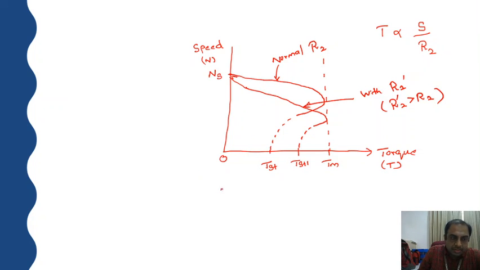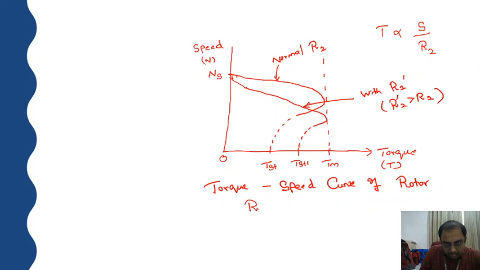This is the torque-speed curve of rotor resistance control of an induction motor.